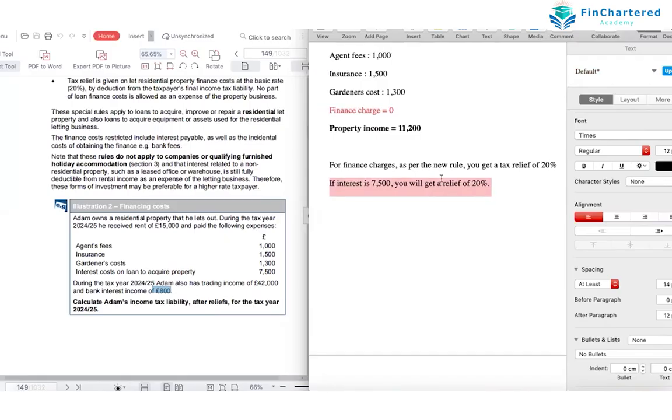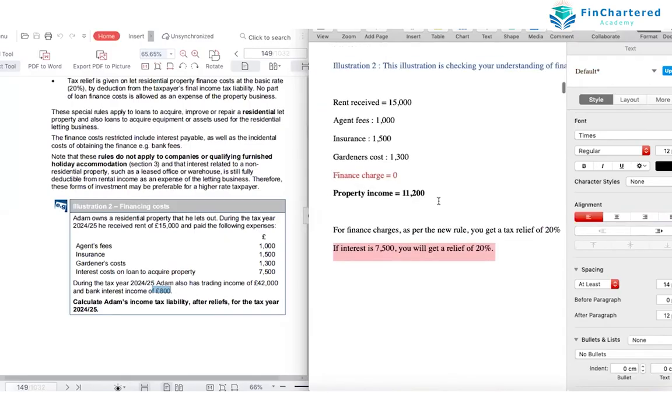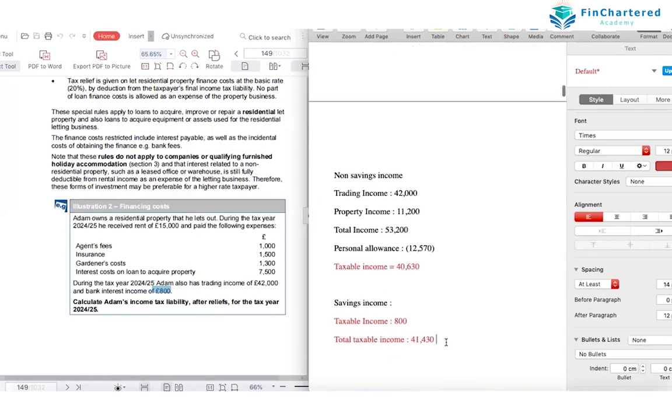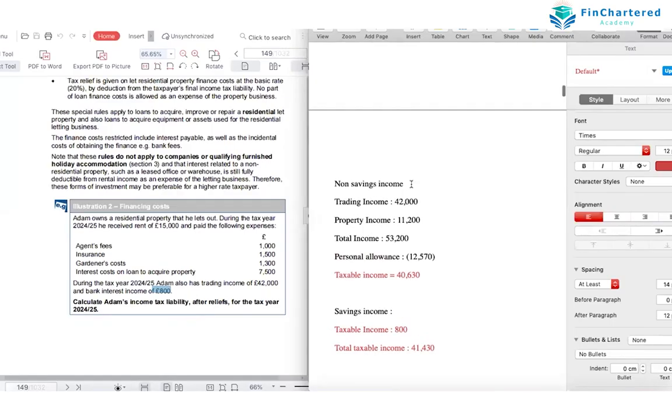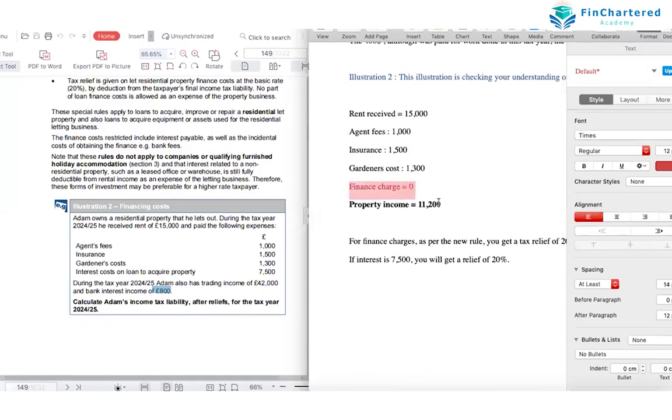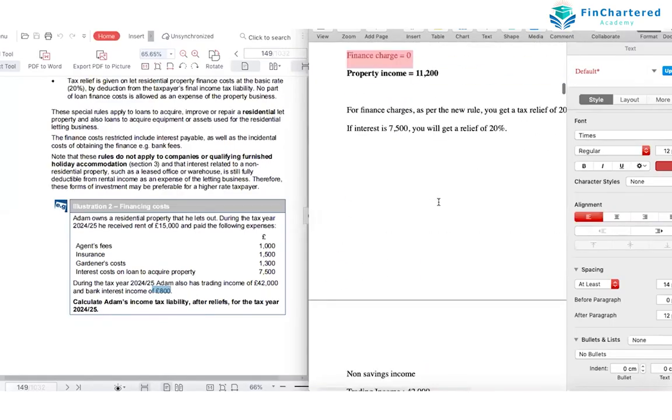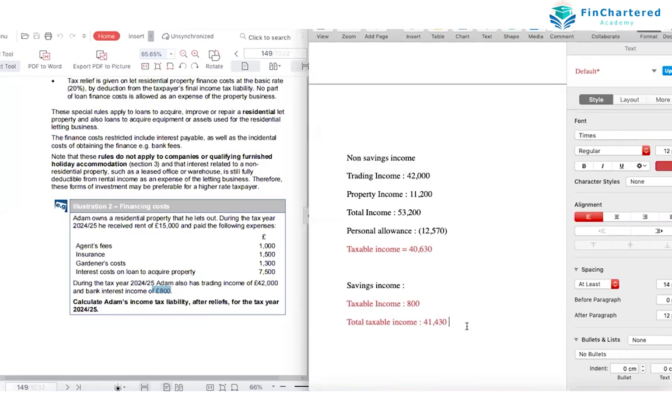As of now, just know that there is no deduction of finance charge. Later, I will come and give you a relief. But right now, finance charge, you are not even touching it. Remember, we did not deduct it as an expense. We are taxing everything.